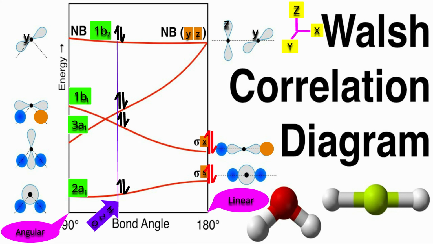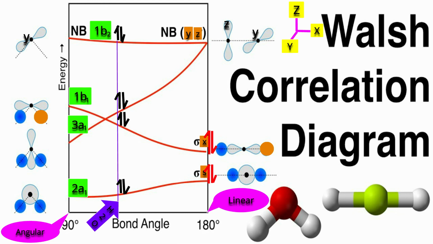So electrons in 2a1 will welcome 90 degree as a bond angle. So 2a1 is in favor of 90 degree bond angle. What about 3a1? 3a1 also is in favor of 90 degree bond angle because its energy is decreasing. What about 1b1? It is not in favor of 90 degree bond angle because its energy is increasing.